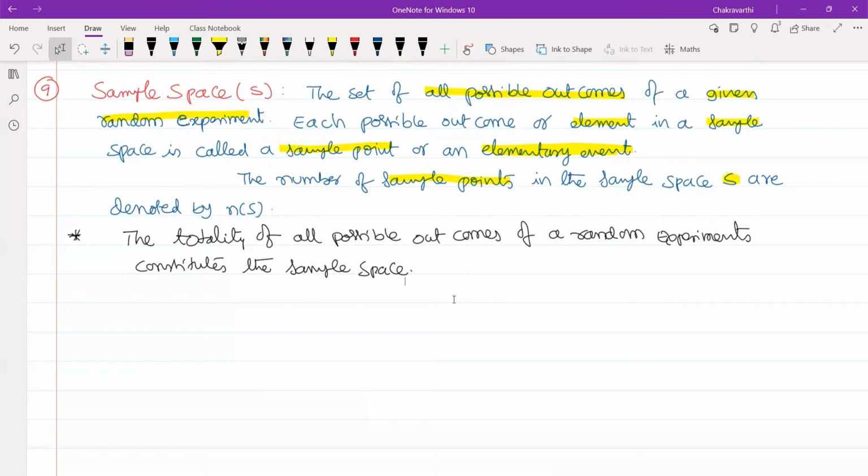For each and every topic, a lot of models are available. You have to prepare and practice as many problems as possible. For paper 1 and paper 2, refer to Fundamentals of Mathematical Statistics. We are also referring to that book.